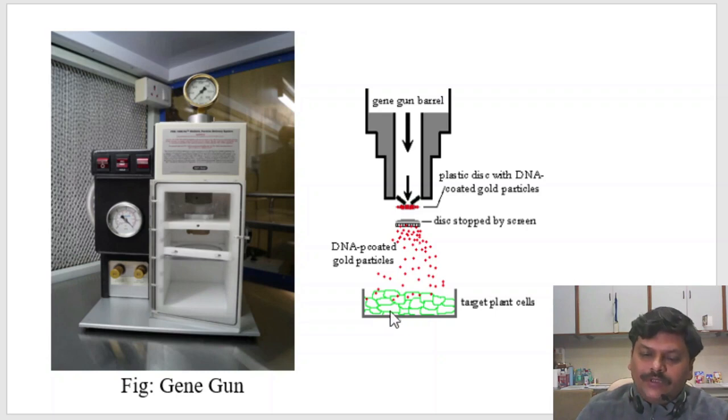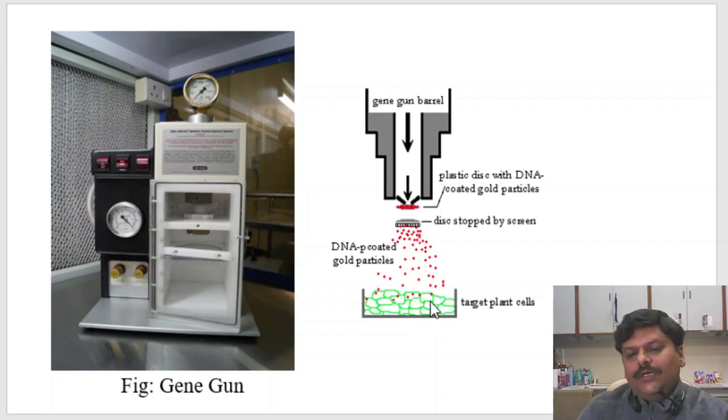So we put our plant cells here in this chamber. Gold particles coated with the DNA of target gene is put here, and from above we provide a very high pressure of helium.